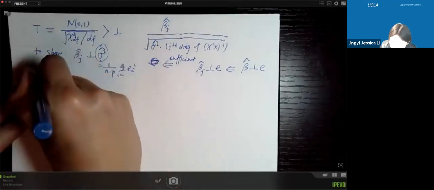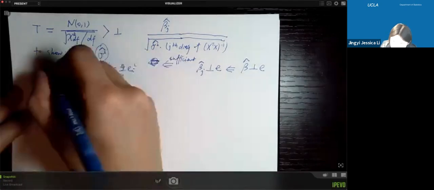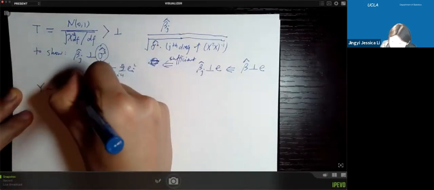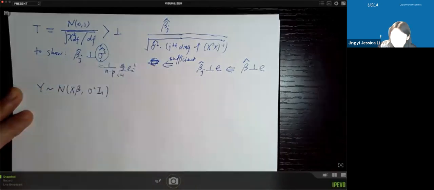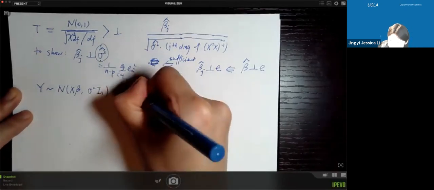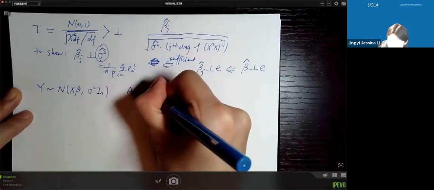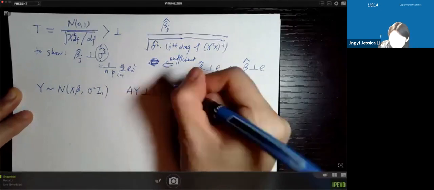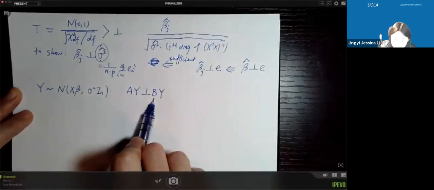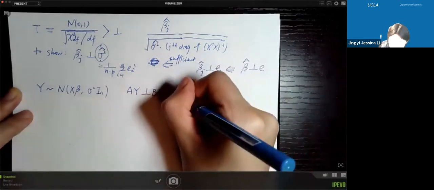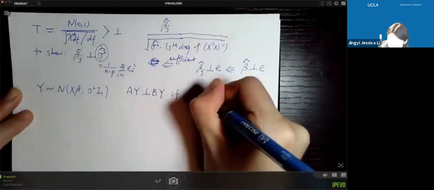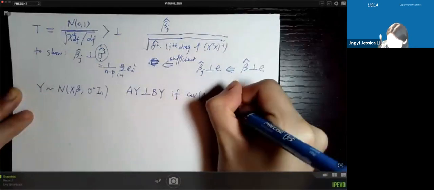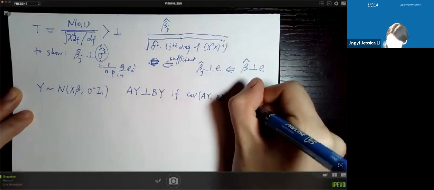Basically here we have Y, and Y is an n-dimensional Gaussian. What we can say is that AY is independent of BY, where A is a matrix and B is a matrix, if the covariance of AY and BY is 0.